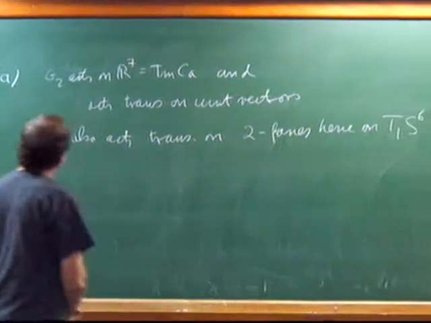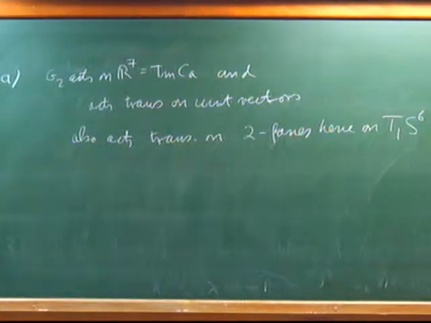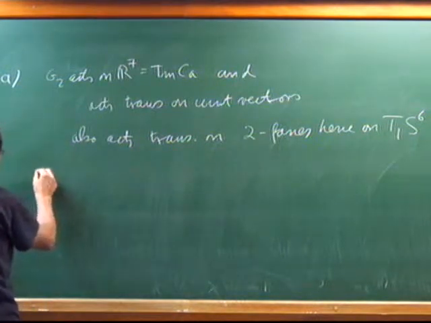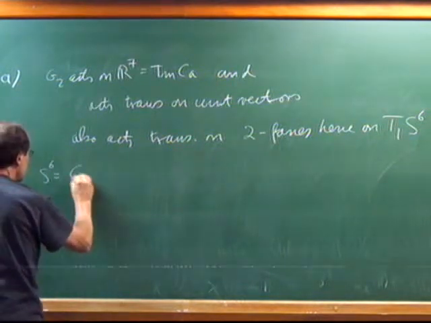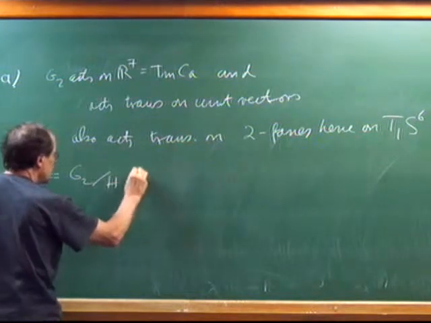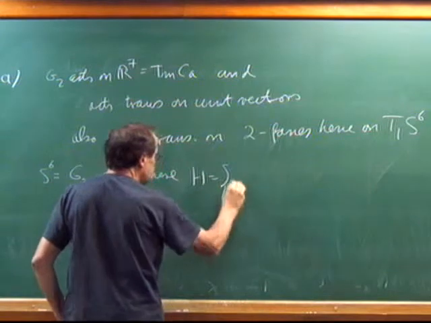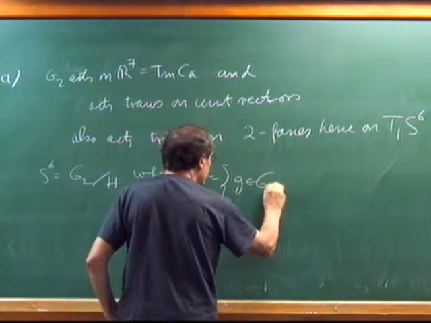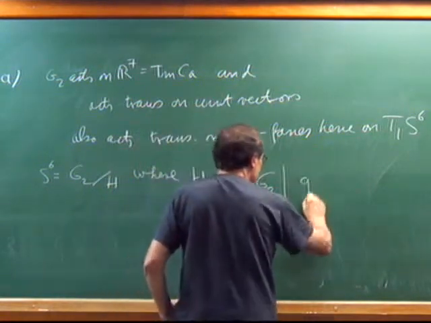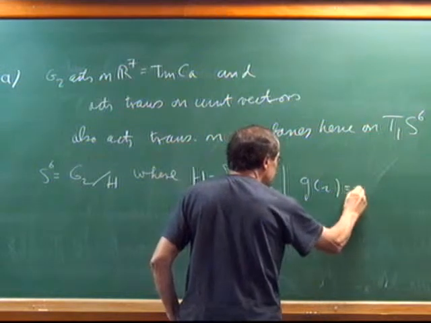Now I want to show that the isotropy is SU3. So G2 acts transitively. That means that S6 is G2 mod H, where H is the isotropy at some point, so an element in G2 such that, for example, G of I is equal to I.